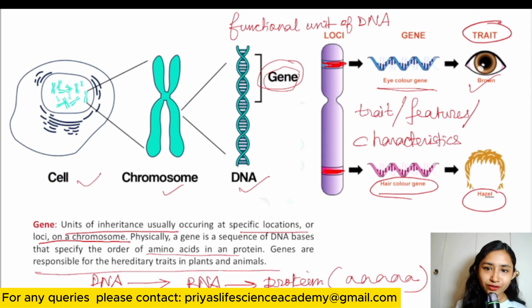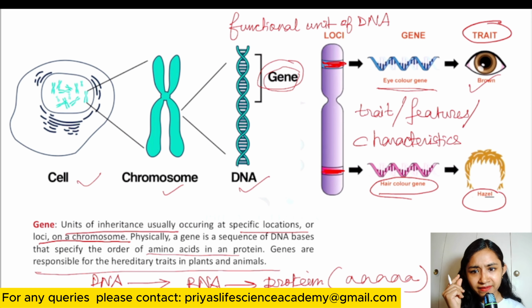So I hope you understood what genes are. We inherit the genes from our parents, and they are responsible for producing particular traits in our body. Like my hair is black, so I have inherited the gene for black hair color from my parents. My color of the eyeball is a brown and black mixture, so that color is inherited from my parents. So genes are nothing but they produce the specific characteristics in our body, okay?